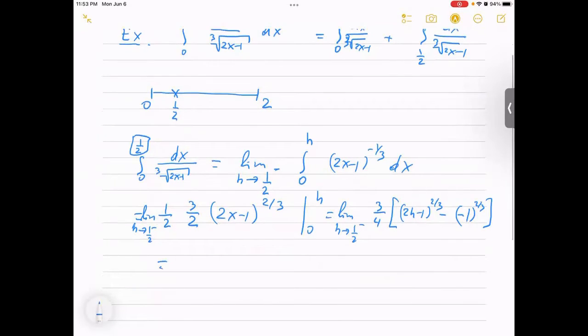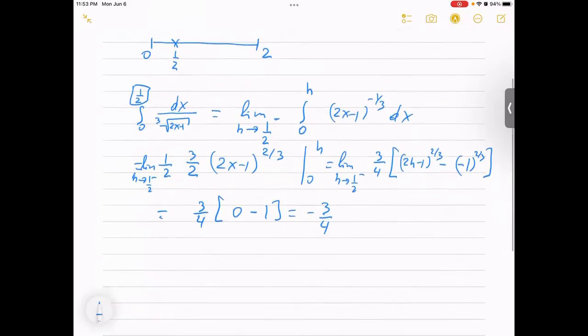So we get 3/4. When we substitute the limit value for h, which is 1/2 from the left, we get 2 times 1/2 minus 1, which is 0. 0 minus 1, so we get negative 3/4. So we get negative 3/4 for the first integral.